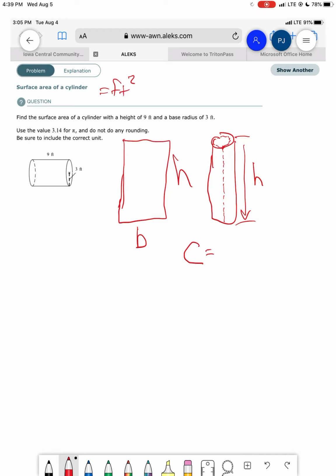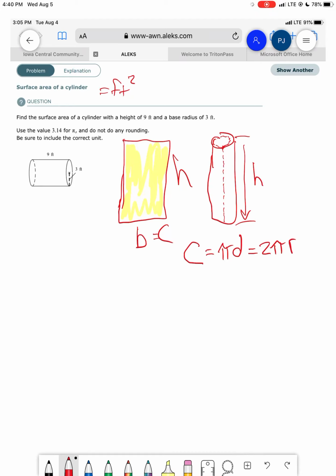And what is the equation for circumference of a circle? It is pi times diameter, or we can say 2 pi r, 2 times pi times radius, because radius times 2 is diameter. So that's going to give me the outside piece. The area is equal to the circumference times the height.